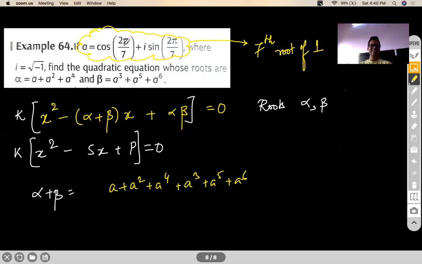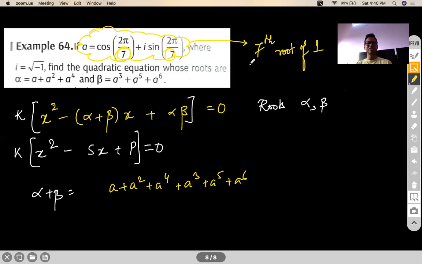Correct? The moment I see 2 pi by n, that becomes the nth root of unity. 2 pi by 11, 11th root of unity, 2 pi by 100, 100th root of unity, right? So this number basically tells you that you're dealing with 7th root of unity, right?